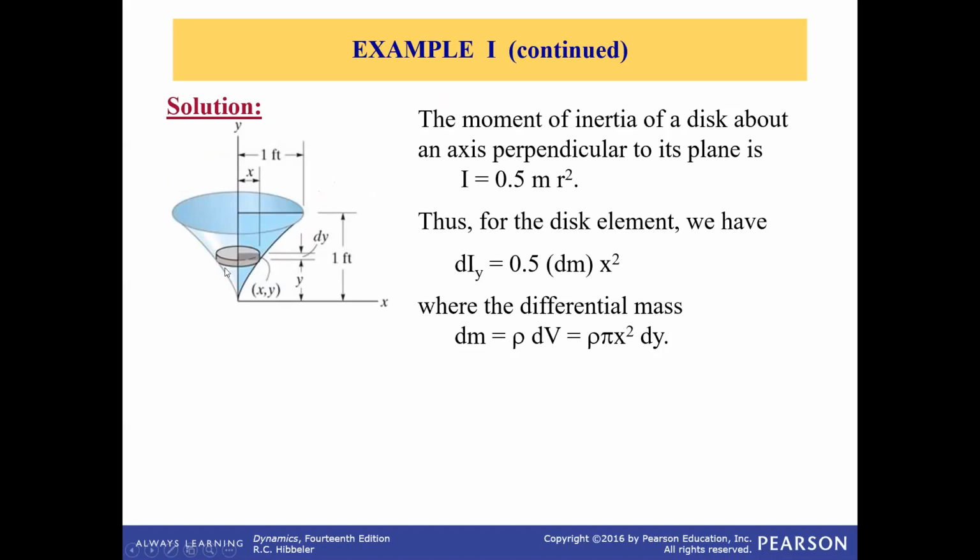The volume of this disk will be pi r squared, where r is equal to x, so pi x squared times dy is the dV. dV times rho will be the dm.